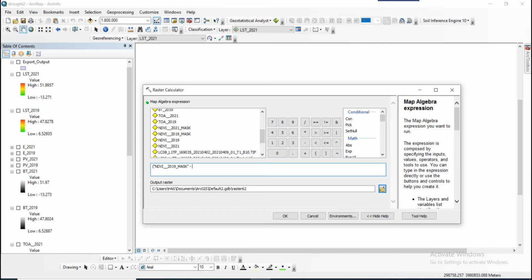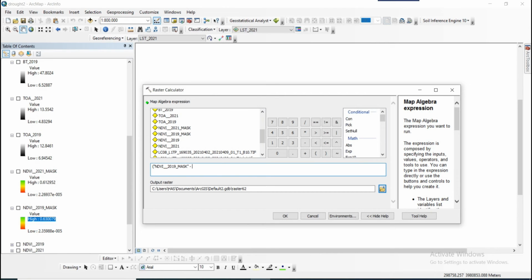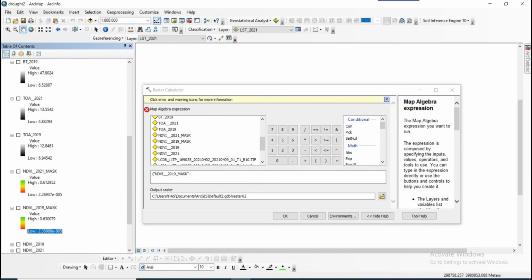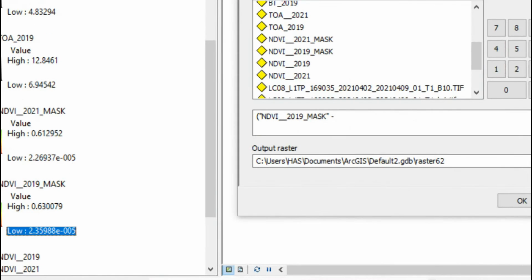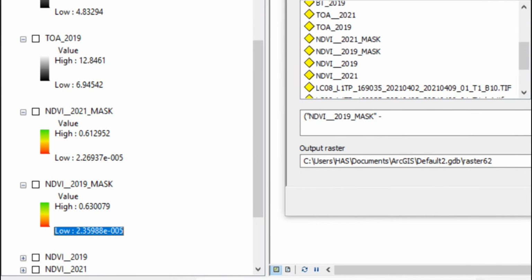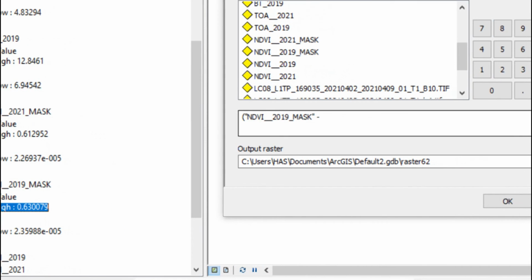In that case, we will use this minimum value and this maximum in that formula.